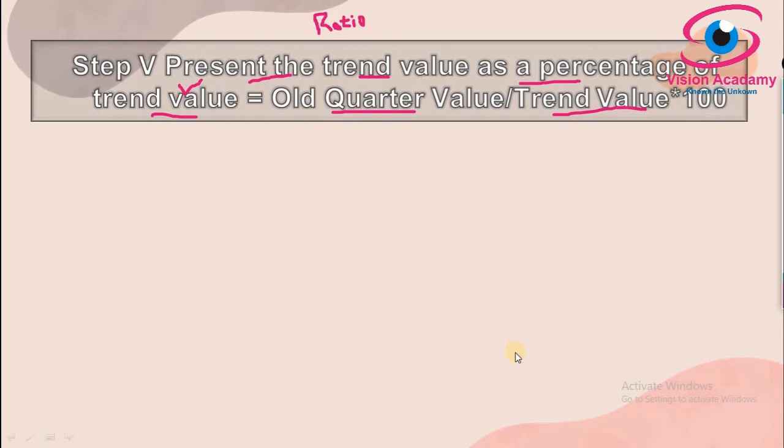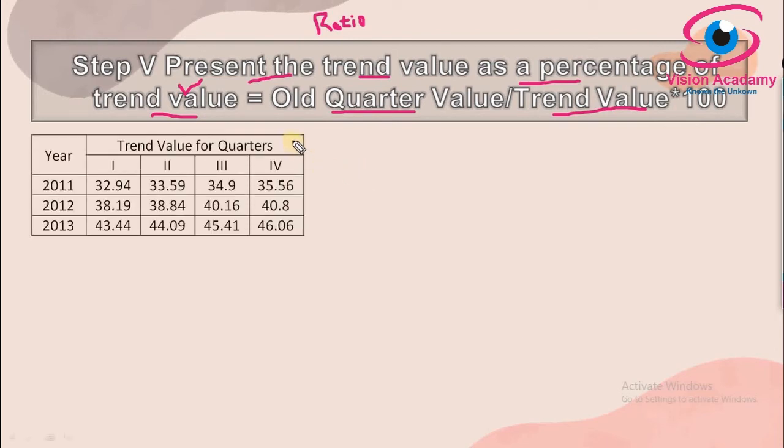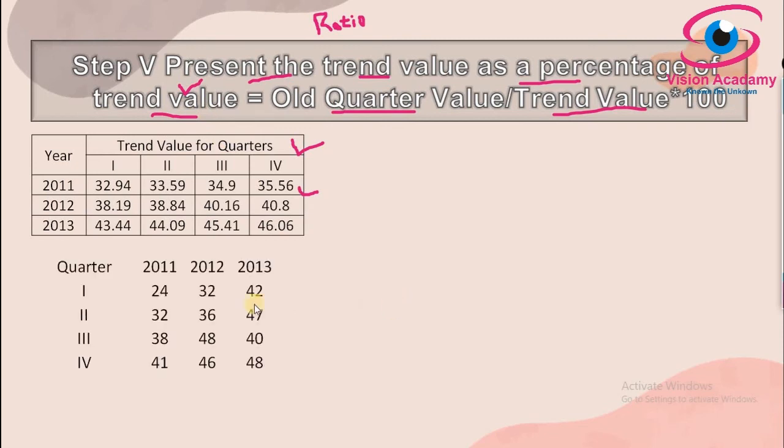So I will show you the necessary calculation for obtaining this. These are the trend values for quarters we obtained in step number 4. This is the final output of step number 4, and this is the quarter value, the old value given in the problem. Remember, I have taken this from the problem. This value only we converted into yearly data. Later we took the average, and later we applied the least square method.